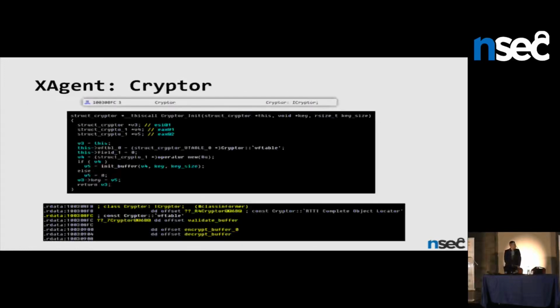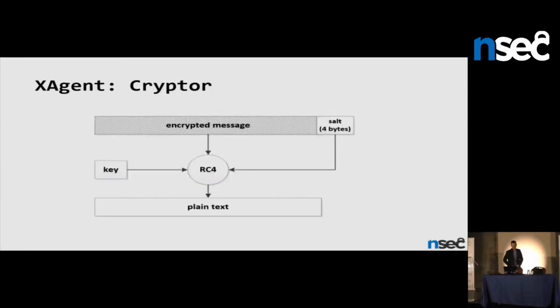The cryptor interface is used to encrypt messages in communication with the CNC server. It has only three methods: validate buffer, encrypt buffer, and decrypt buffer. The cryptor interface is based on the RC4 implementation, and one particularity I want to bring to your attention is that to encrypt a message, it uses a key which is hard-coded in the binary, but it also generates a random salt of 4 bytes.